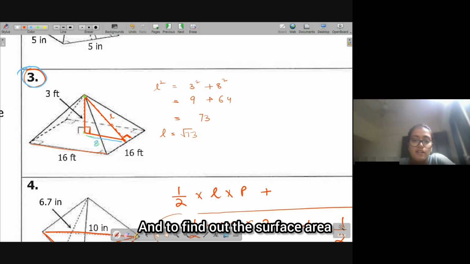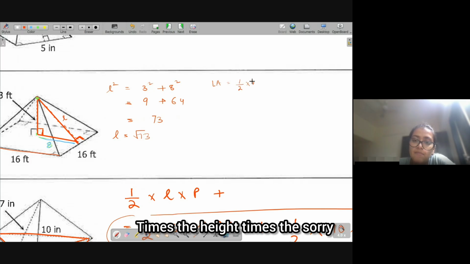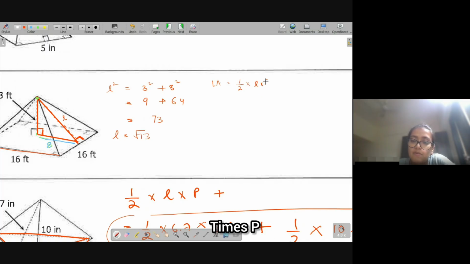And to find out the surface area, the lateral area is 1/2 times the slant height L times P. L is the square root of 73.